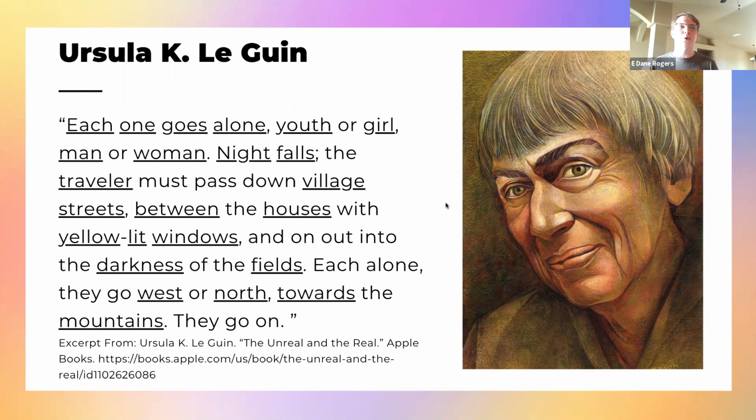All right, each alone, they go west or north toward the mountains they go on. How about "west"? One syllable. "North"? One. "Towards"? Sounds like one. It does sound like one. W is a tricky consonant because it comes from vowels. It's like Y. It's kind of like R as well.